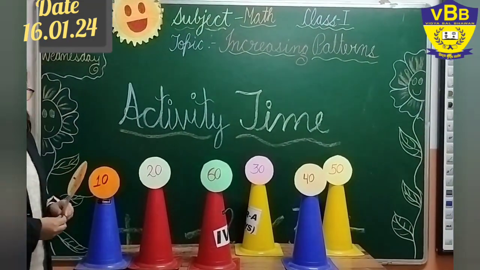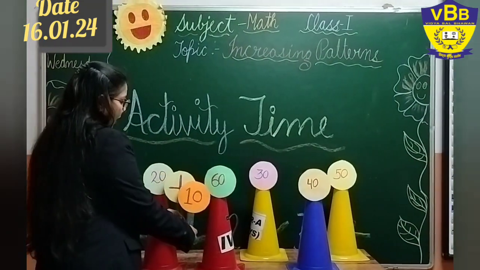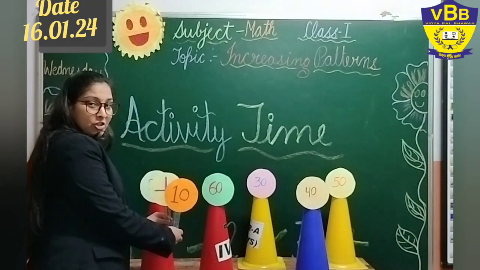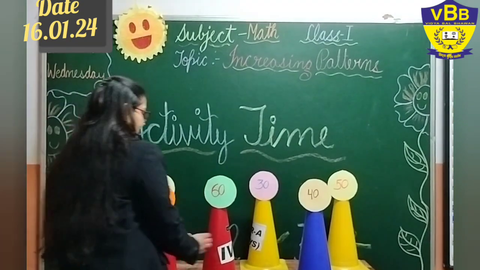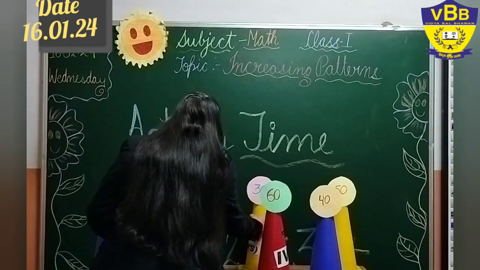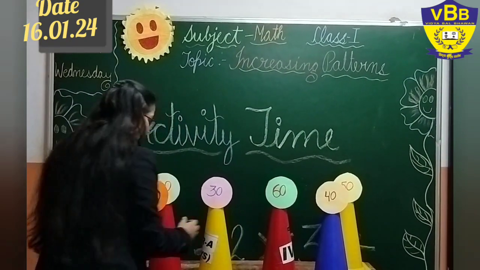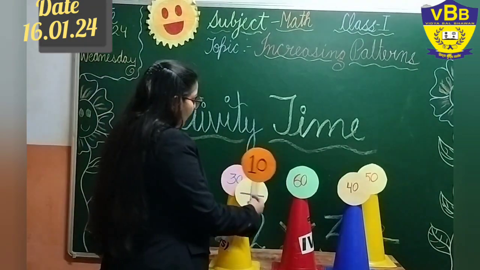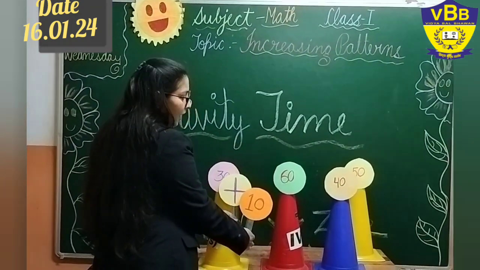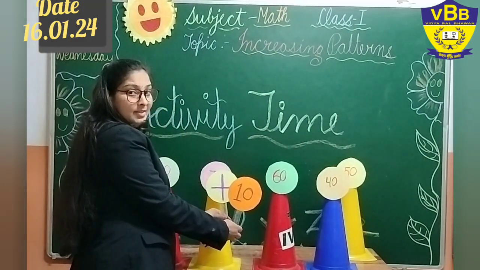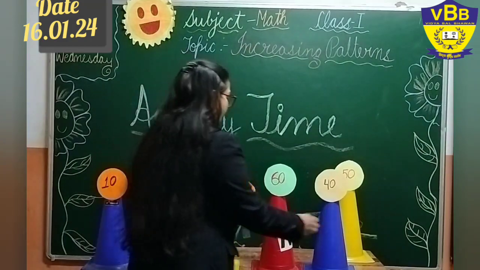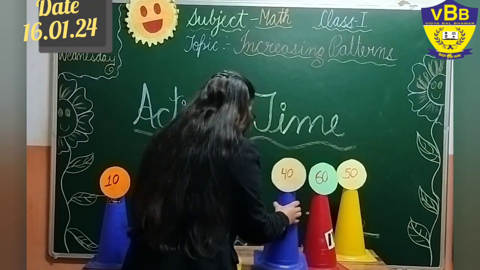And when we add 10 in 20, which number will come? 30. After 20, which number will come? 30. And when we add 10 in 30, which number will come after 30? After 30, 40.